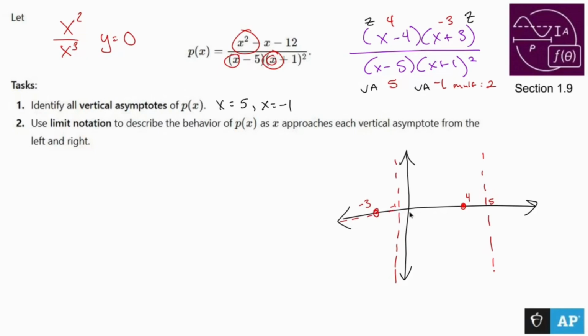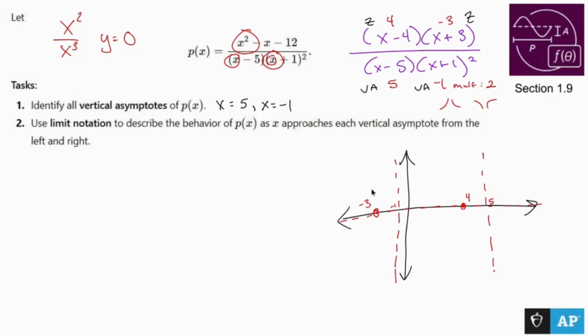Now this is where it gets a little challenging. First things first, when I look at my vertical asymptotes and I notice that I'm at -1, it's either going to look like that or look like that if the multiplicity is even.